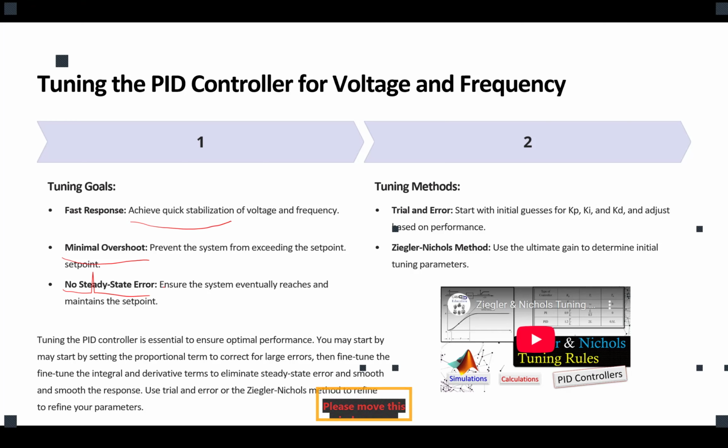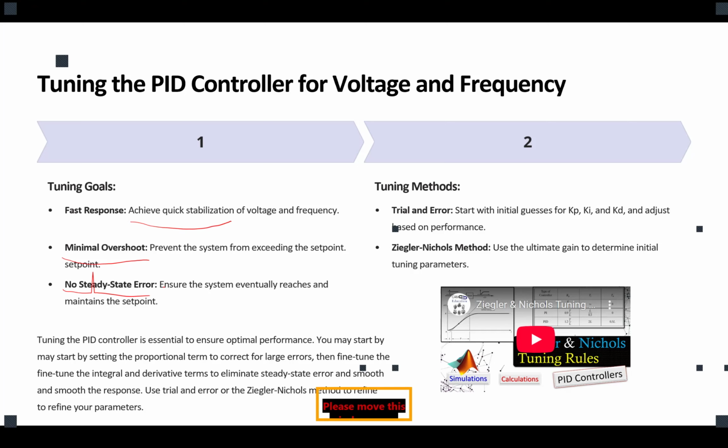For minimal overshoot, what was the value? KD. KD controls the overshoot. For deleting the residuals or steady state error, it was the integral part. So we could control how effective we could be on that with KI.